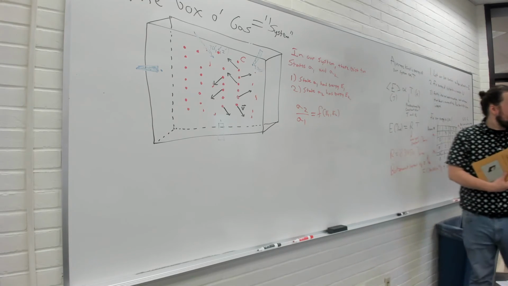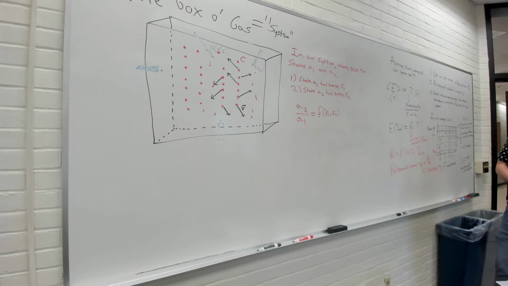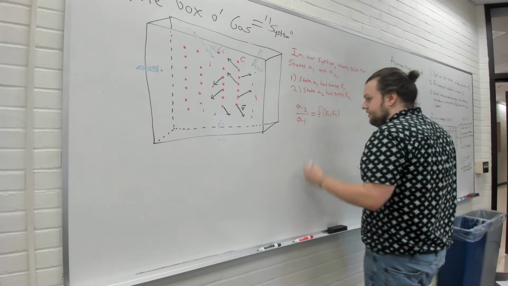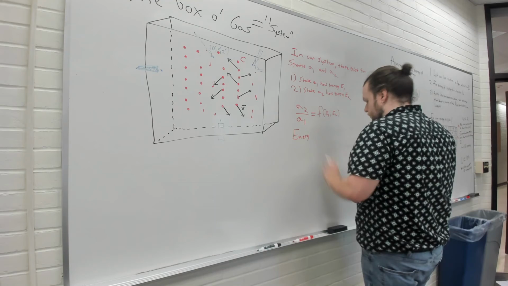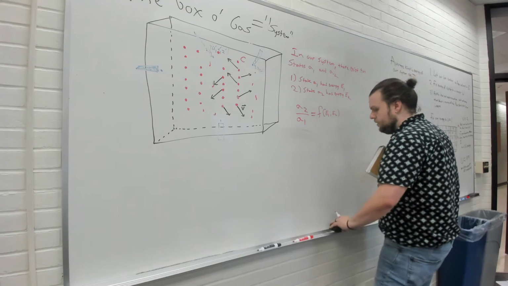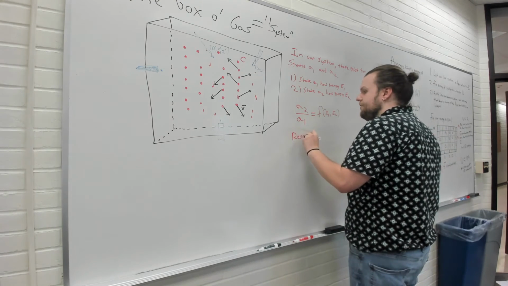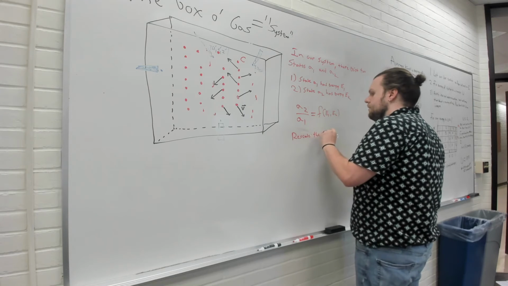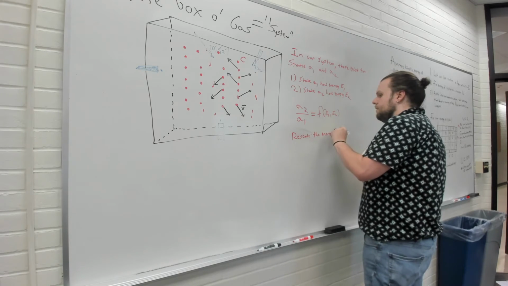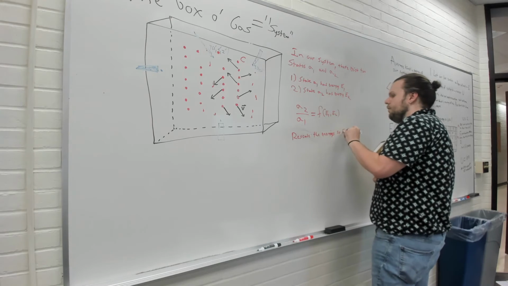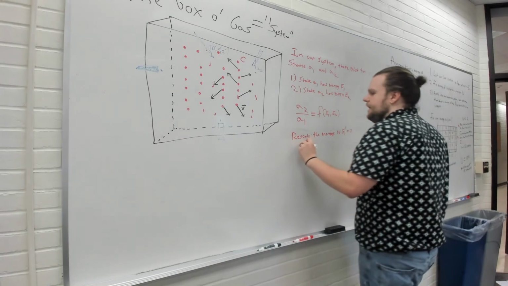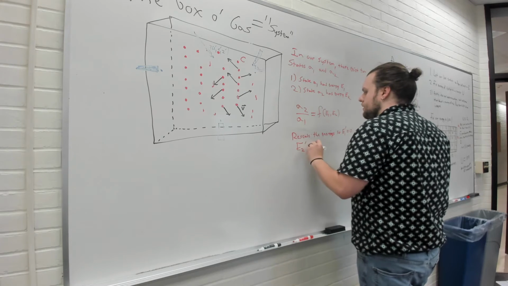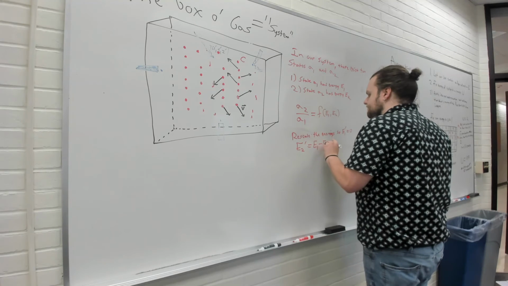We can simplify this a little bit. Let's rescale the energies. So E1 prime we'll say is 0, and E2 prime is E2 minus E1.